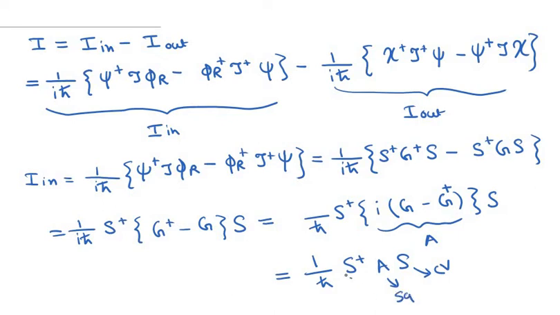A row vector multiplied by a column vector becomes a number. So we can also write it as 1 by h bar trace of S dagger A S.